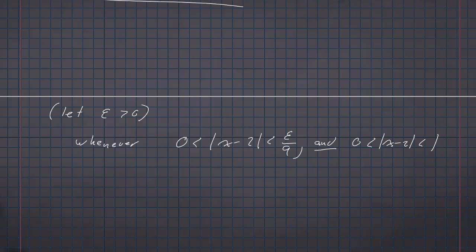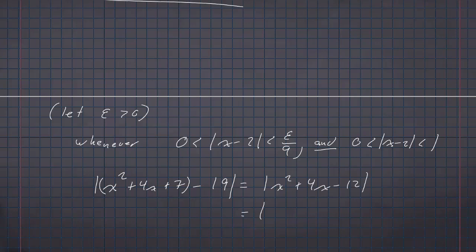But whenever this happens, if I consider the absolute value of f of x minus L, which was, I'll remind you, x squared plus 4x plus 7 minus 19. Well, that's equal to the absolute value of x squared plus 4x minus 12.